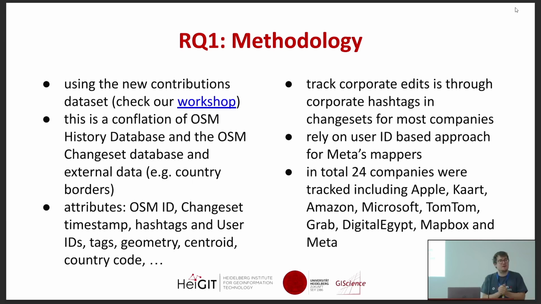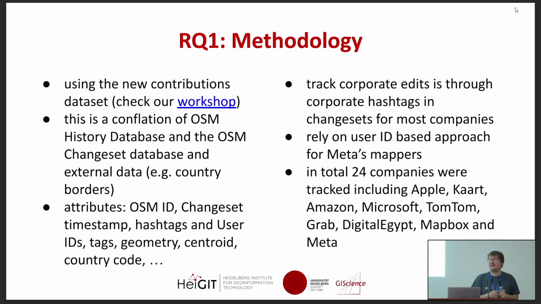This data set contains a lot of attributes, things you are used to working with, like the OpenStreetMap ID, the changeset closing timestamp, the hashtags, user IDs, of course, tags, the tags before, the geometry, centroid. We add a country code. So this data set makes research quite easy. And that's also what Lily used here in her bachelor thesis.